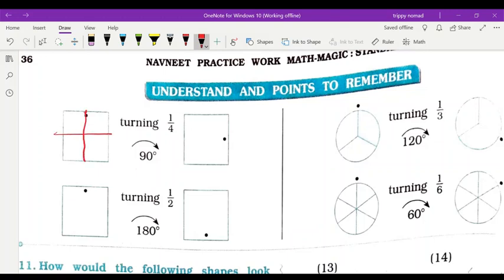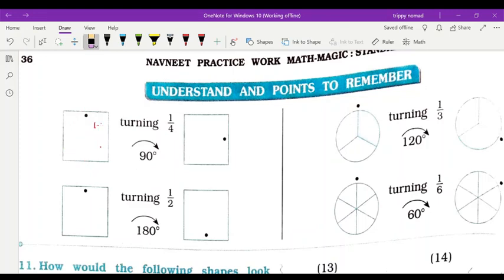Okay, 1/4, this is one part, this is two, this is third and this is fourth part. Out of total 1, 2, 3, 4, this is 1/4 part. If the dot is here, this part is called 1/4 part.